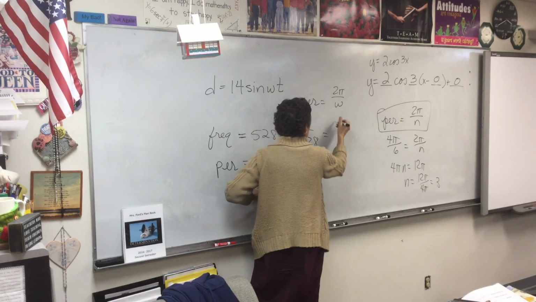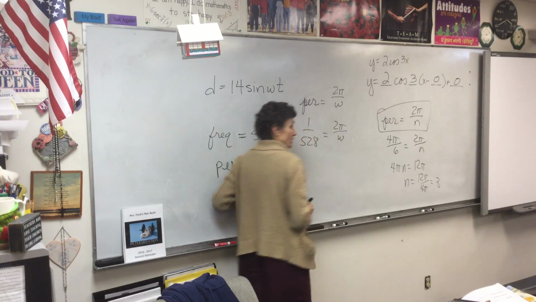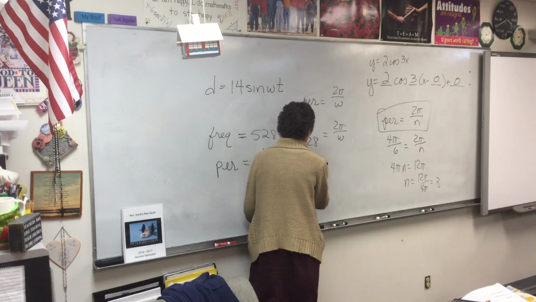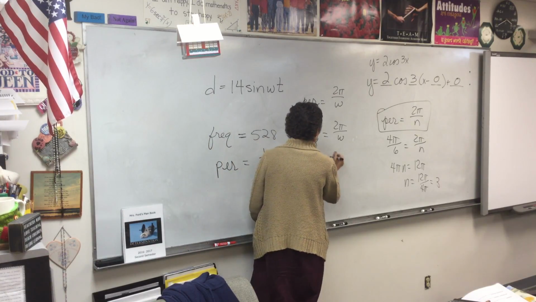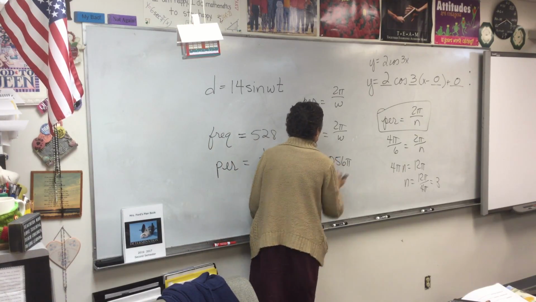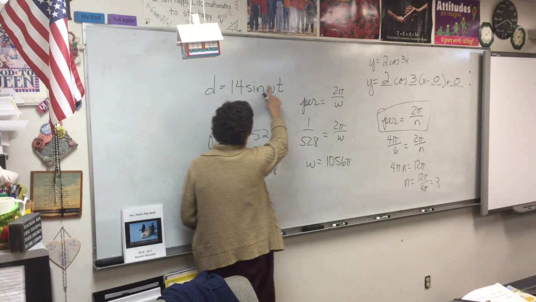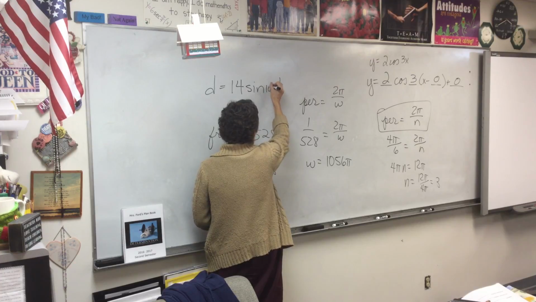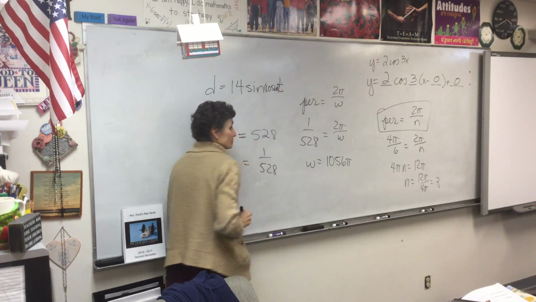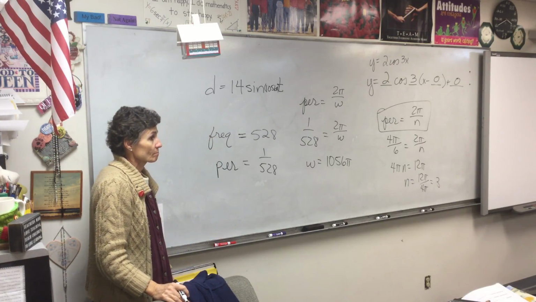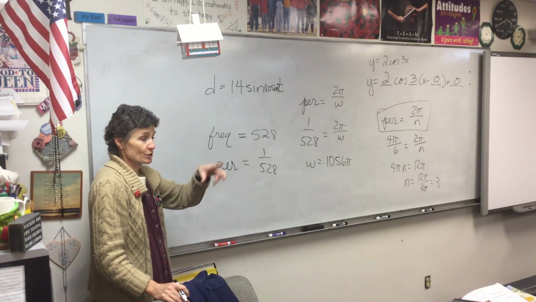So 1 over 528 equals 2 pi over W. So W equals 1056 pi. Did I multiply that right? So this number right here is 1056 pi. That's all there is to it. So we worked it backwards.